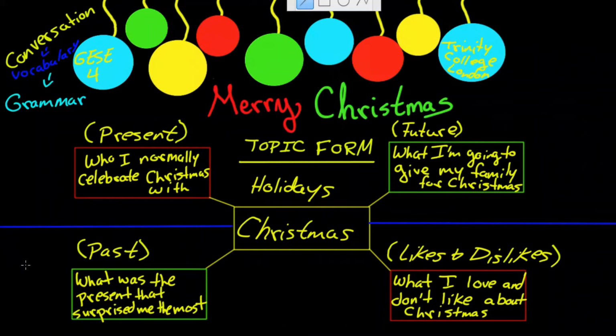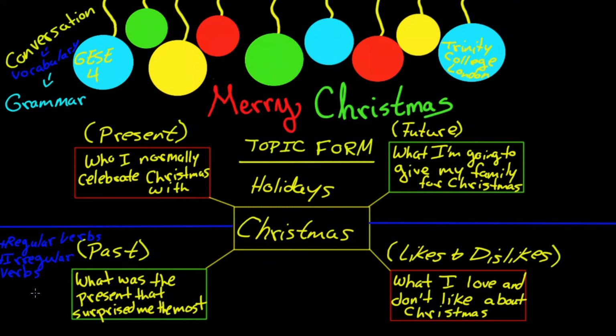Okay, so this area, we would need to put regular verbs. One moment. Need to take the line off. There we go. So we would put regular verbs, we would need to also put irregular verbs in past tense.